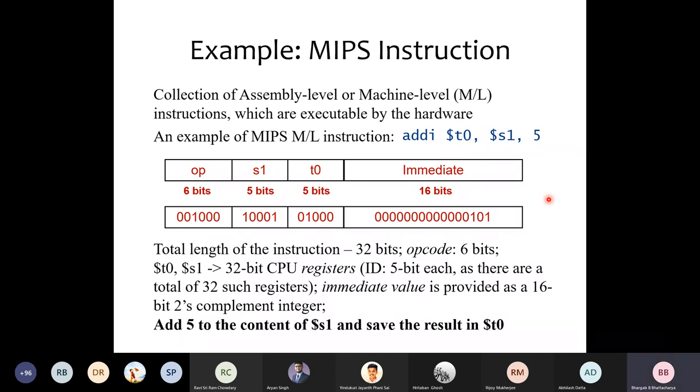Content of S1 is 32-bit, but 5 is encoded here as a 16-bit 2's complement number. So what is the problem? Is it that we only have 16 bits, or that the number of bits in the two things are different, like one is 32 and one is 16? Because you can always put the 16-bit value into a 32-bit register and add them.